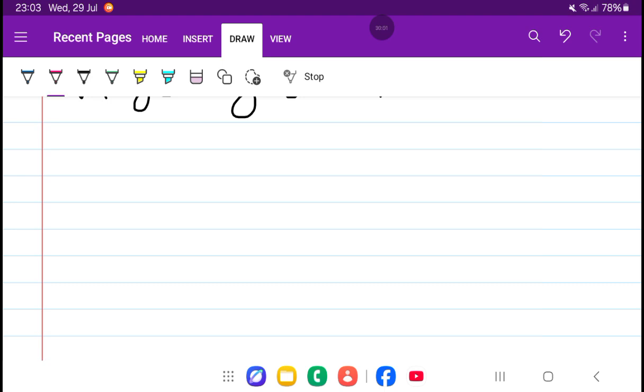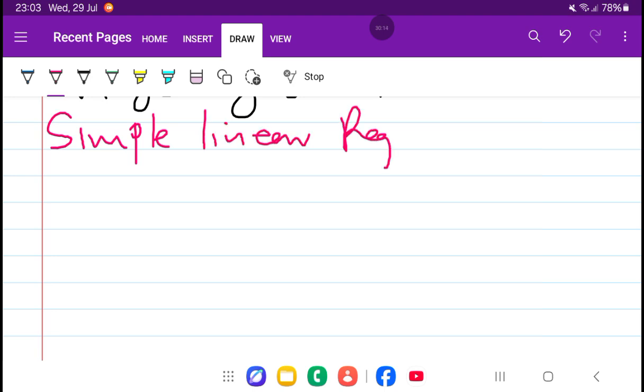So let's look at the simple linear regression. Simple linear regression analysis or simple linear regression model.